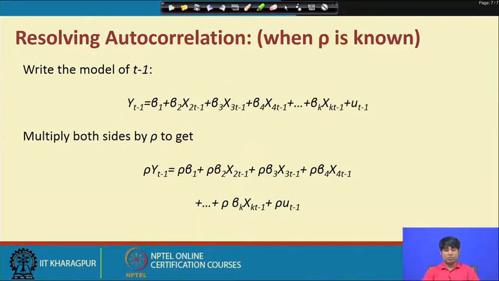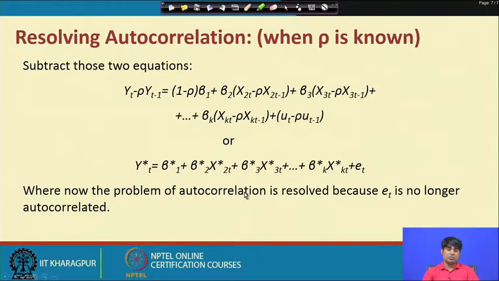Then you get to know the rho value, and the rho value can be used for the autocorrelation solutions. So, when the rho value is known, multiply by the rho value and restructure the entire process, and I am sure the autocorrelation problem can be solved to some extent.